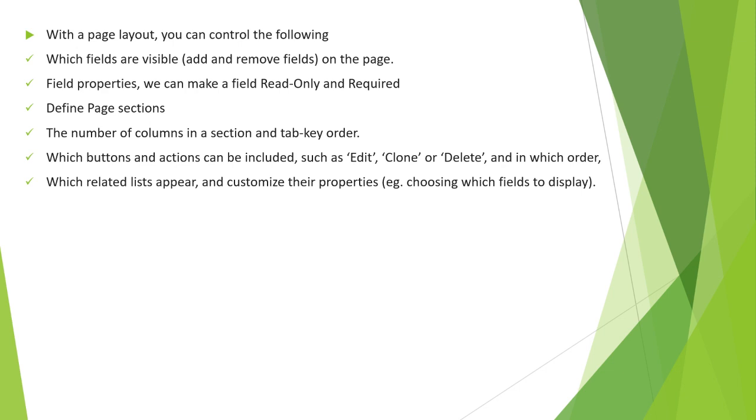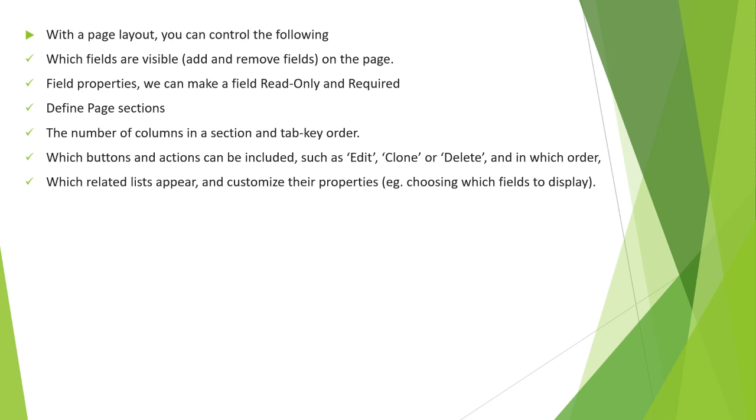Once you click on the tab, the object page will come, and there you can see the number of records. Once you click on a record, a record page will appear with the available fields. So here we are talking about that appearance, which we can control by using page layout.